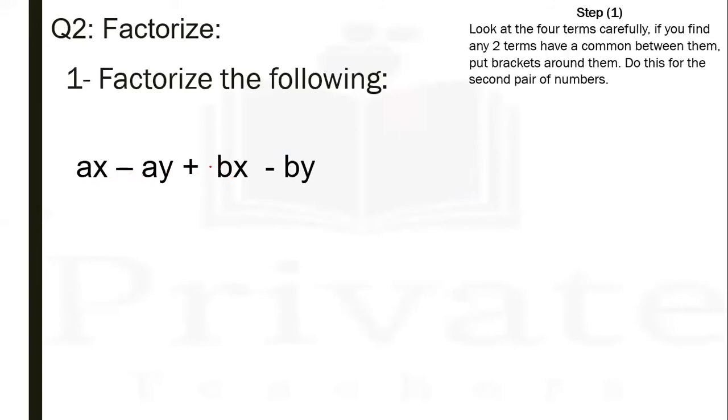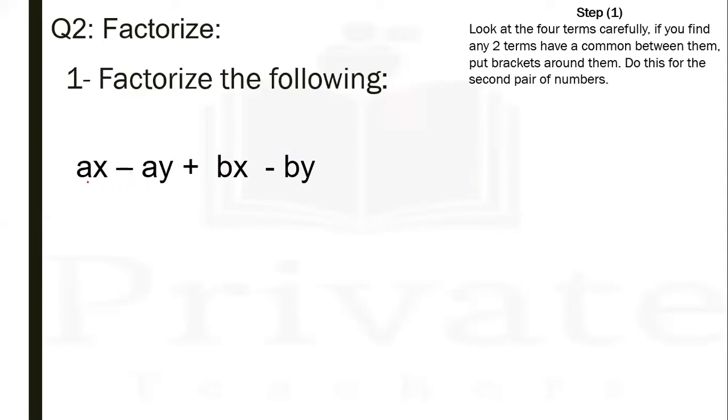Look at the steps. Step number one, look at the four terms carefully. If you find any two terms have something in common between them, put brackets around them. Do this for the second pair of terms. Look at the first two terms, ax minus ay. Do we have something common between them?